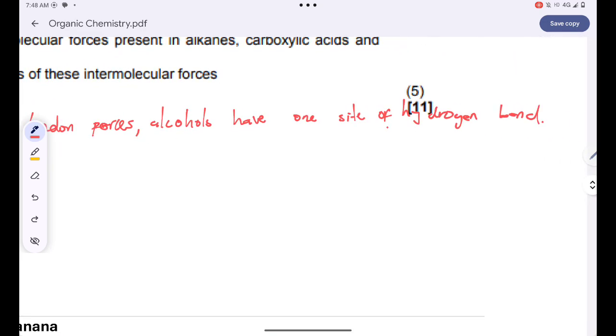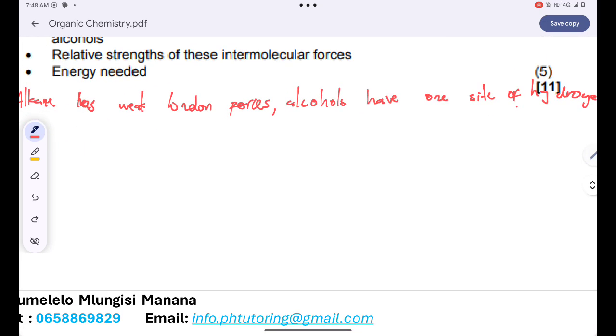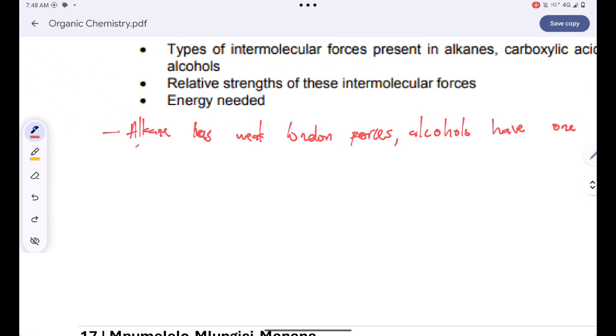And then let's continue. Carboxylic acids have two sides of hydrogen bonds.